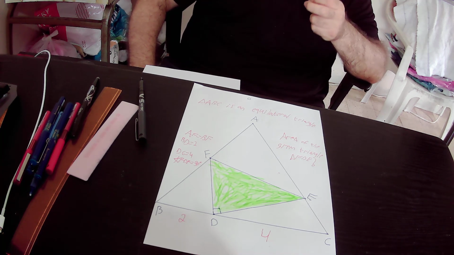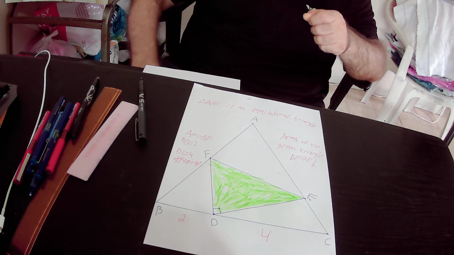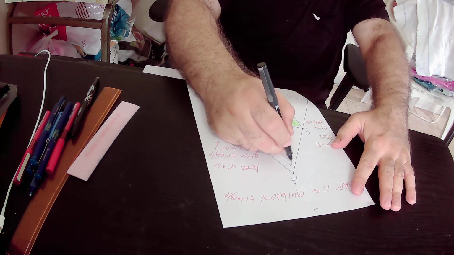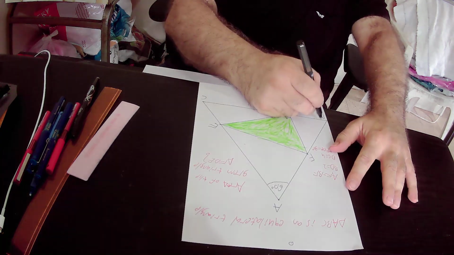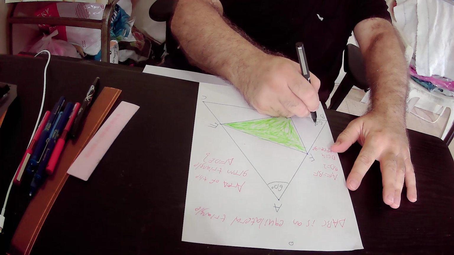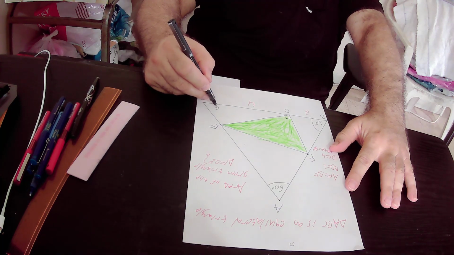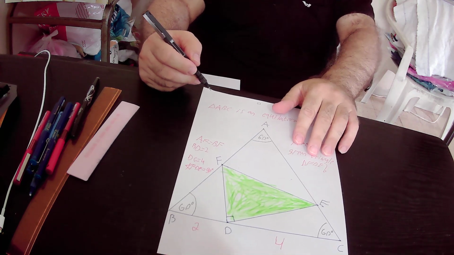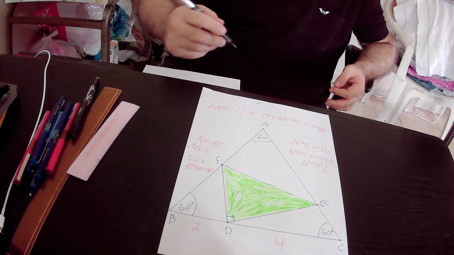First of all, as you already know, all the angles in an equilateral triangle equal 60 degrees, so angle BAC equals 60 degrees, and also angle ABC equals 60 degrees, and angle BCA also equals 60 degrees, and the sides of an equilateral triangle are equal to each other.